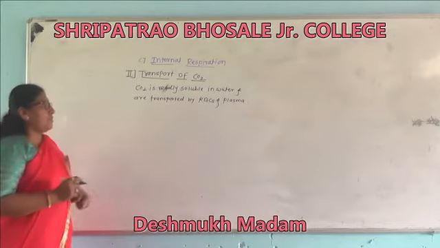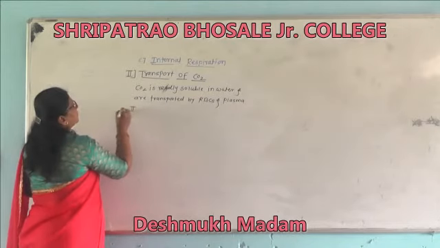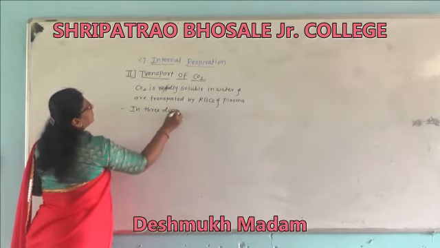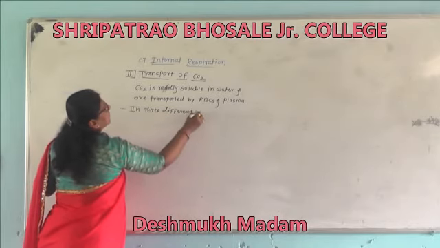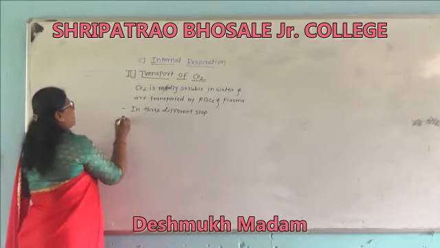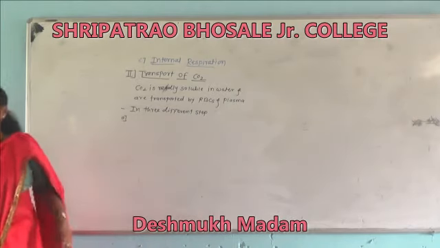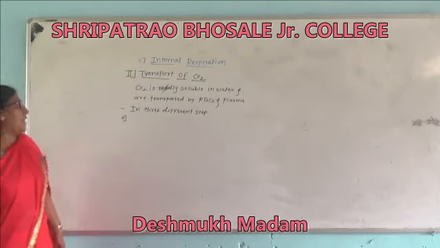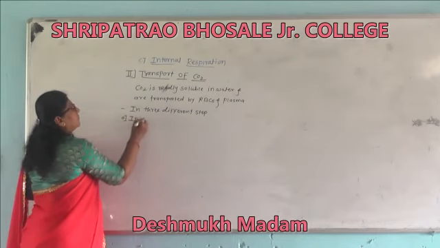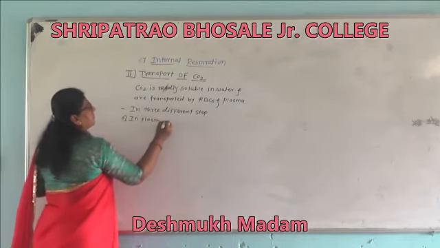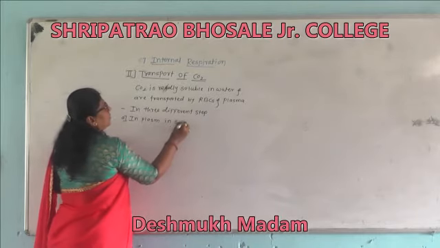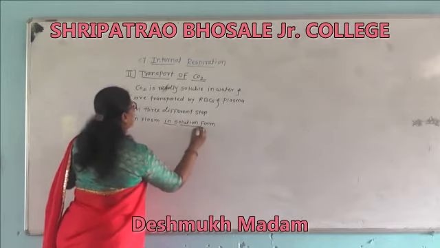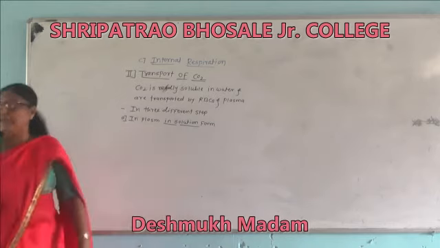CO2 is transported by RBCs and plasma in three different steps. The first step is the solution form in plasma.